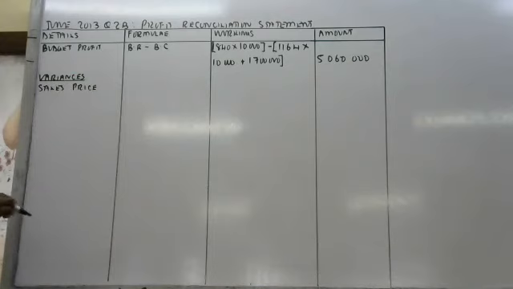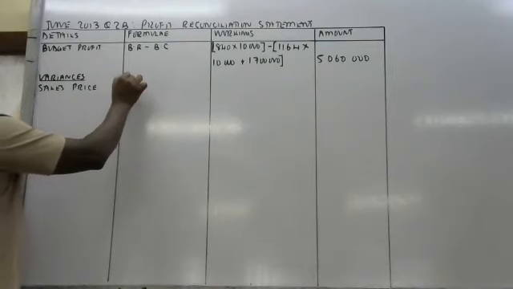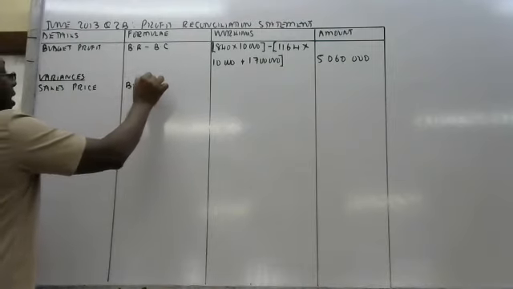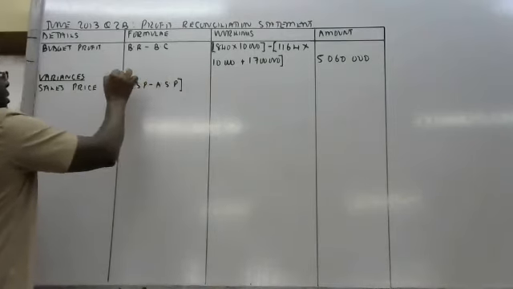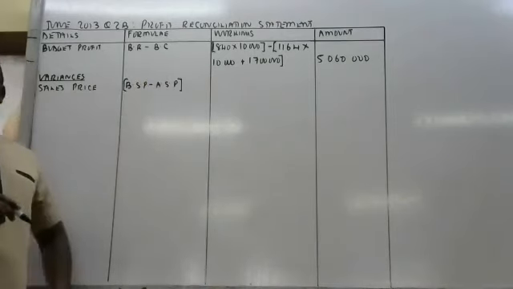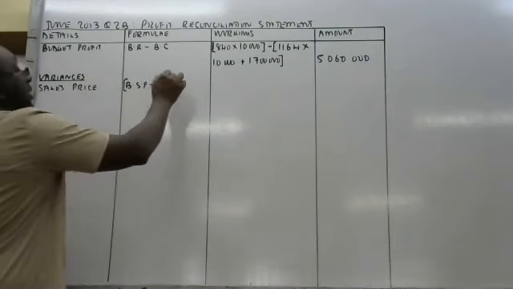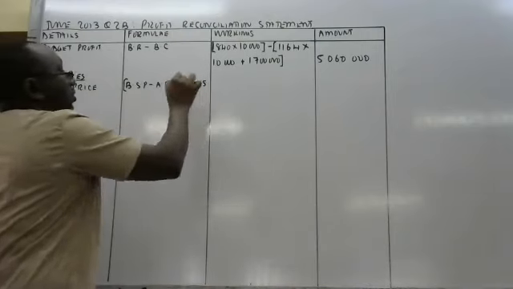Sales price is budget selling price minus actual selling price, multiplied by actual units sold.